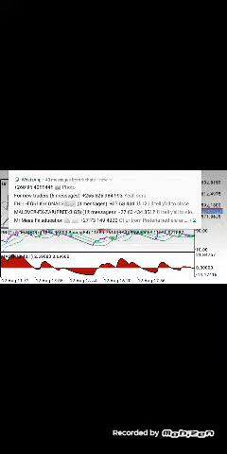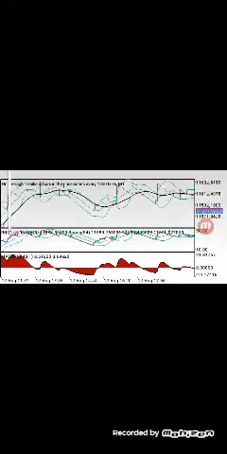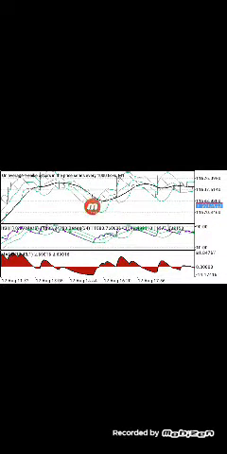The market crosses here, and it crosses this MACD here, so it goes for an uptrend. And look at how much money you can make from here up to there. So only exit when this moving average crosses the price to the downside. You exit, guys.